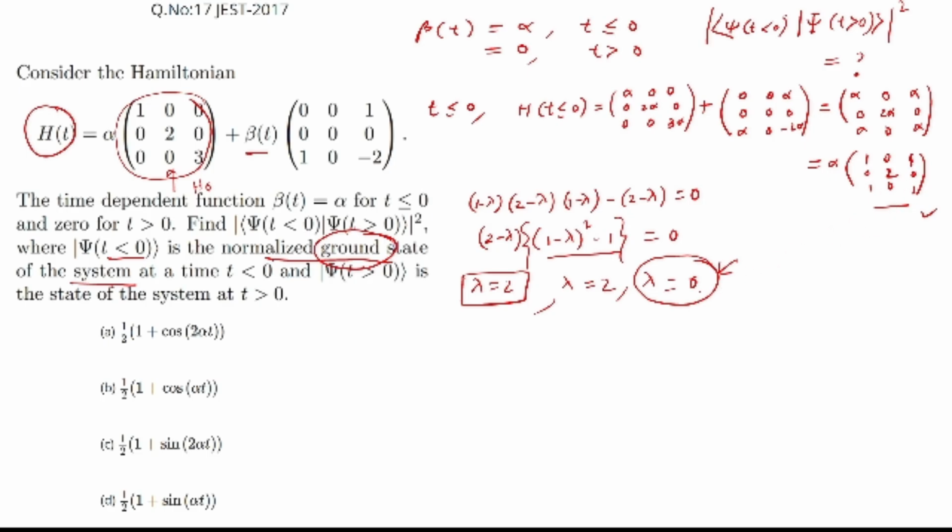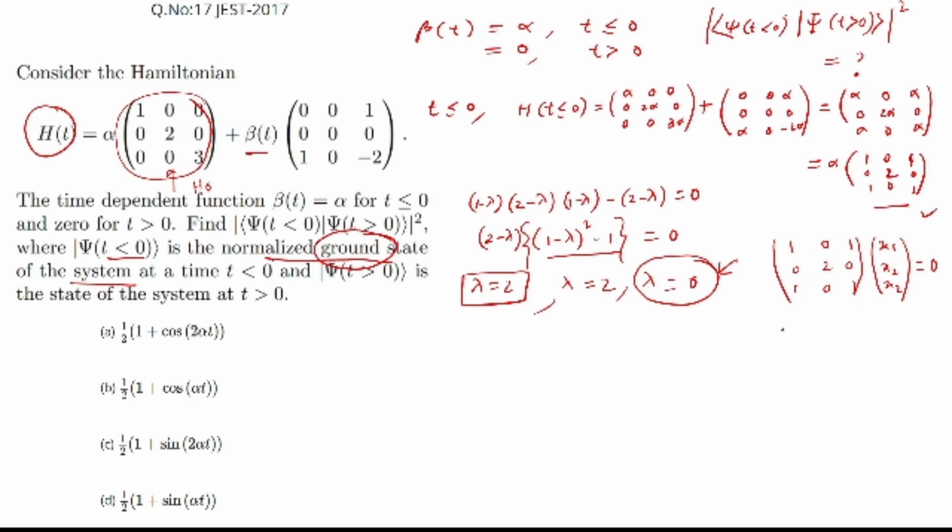If we find the eigenvectors for this lambda equals 0 case, then we have to multiply the matrix 1 0 1, 0 2 0, 1 0 1, that means H minus lambda, into the eigenvector x1 x2 x3, and here 0.